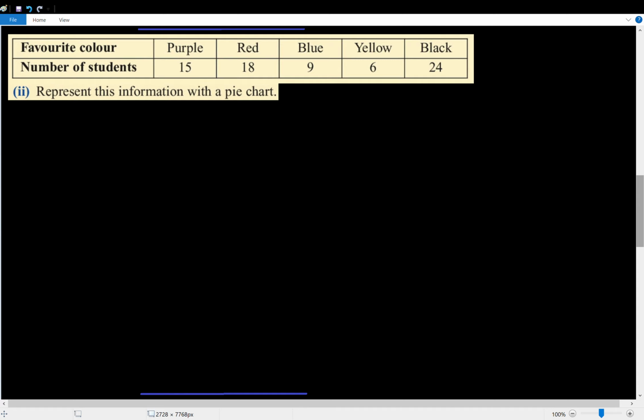Now the first thing we're going to have to do for this is add up all the frequencies together. So we're going to add up 15 plus 18 plus 9 plus 6 plus 24. When we do that, we get 72.